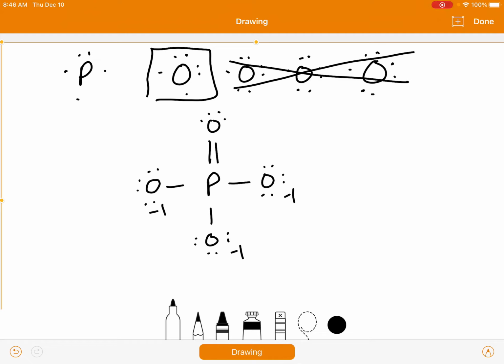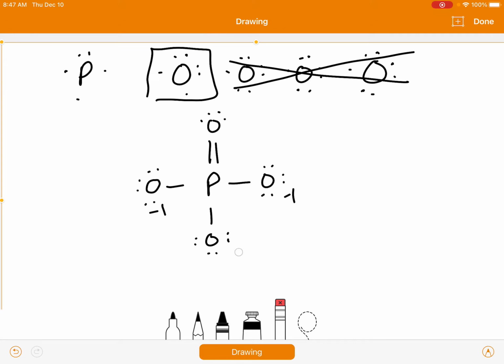So for instance, phosphorus has 5 valence electrons, so in this case, it made 5 bonds and it works. When we make as many bonds as you have valence electrons, that still allows you to get a 0 formal charge on that central atom, and that's what we're looking for most of the time. So hopefully that's a little bit helpful.